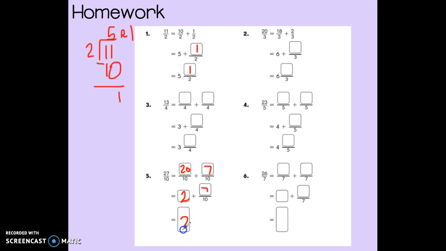This answer is 2 and 7 tenths. Or if you do it as a division problem, how many times does 10 go into 27? 10 times 2 is 20. Subtract that, I have 7 left. Remainder 7. So my answer is 2 and 7 tenths. Good luck.